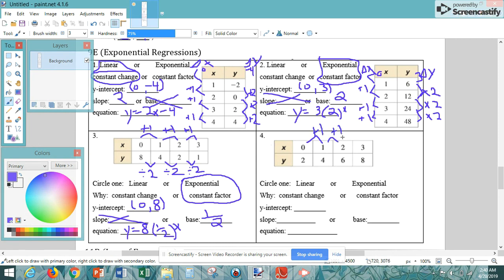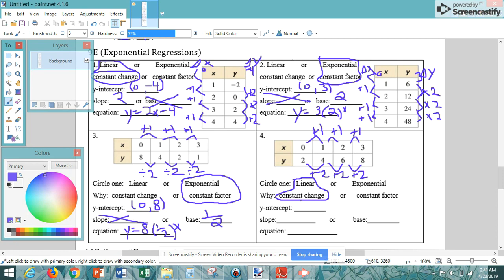Plus 1. So all these are plus 1. 2 to 4, you add 2. 4 to 6, add 2. That still works. And add 2. So this is a constant difference, so that's going to be linear with a constant change.